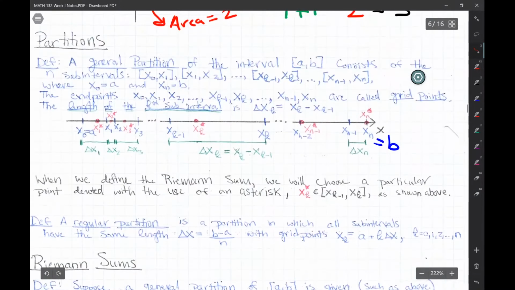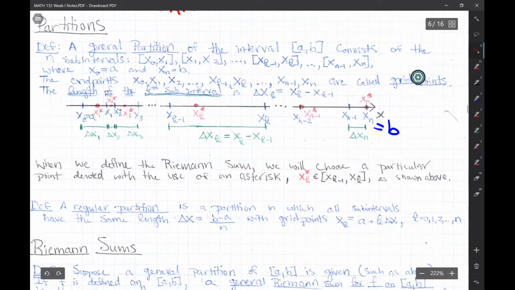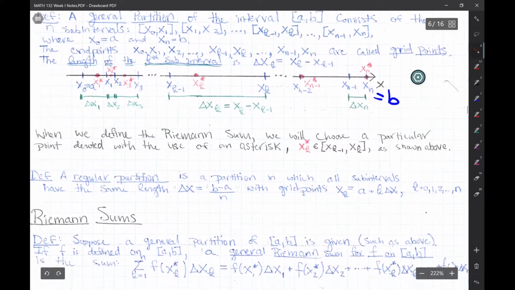Okay, so we would have chosen this middle point here, right in between these two. And we would do that for each, not just this kth one that I drew there. So a left Riemann sum has all of them being chosen the left endpoint of the subintervals, a right Riemann sum, all of the right endpoints. Okay?